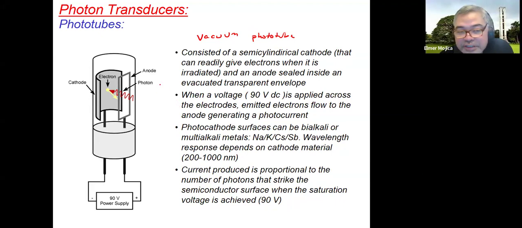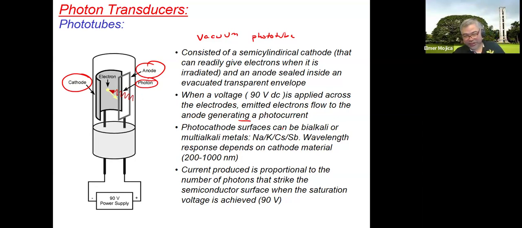So again, you have here an electrode, a cathode, and then an anode, and then there's a photon in the form of light. So what does it do? When you apply a voltage across the electrodes, the emitted electrons flow to the anode, generating a photocurrent. So this is just an application of the photoelectric effect.